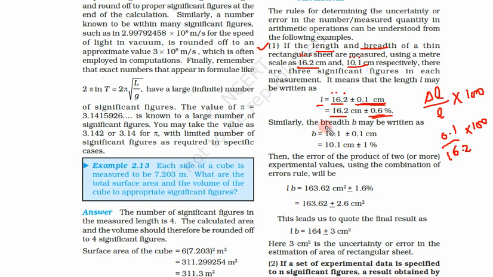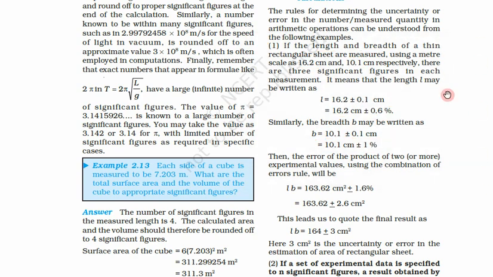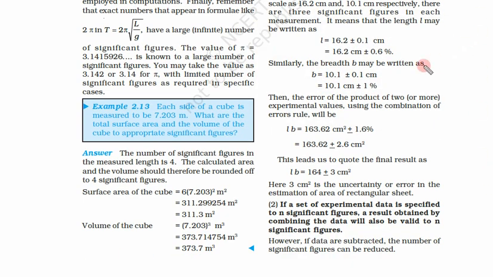Similarly, what is in bracket B? B is equal to 10.1. Again this has three significant digits and least count is 0.1 centimeter. In the same way, when we calculate this error, 0.1 upon 10.1, we get an error of 1%. So now we have the error in both of these quantities. So errors are 0.6% and 1%.